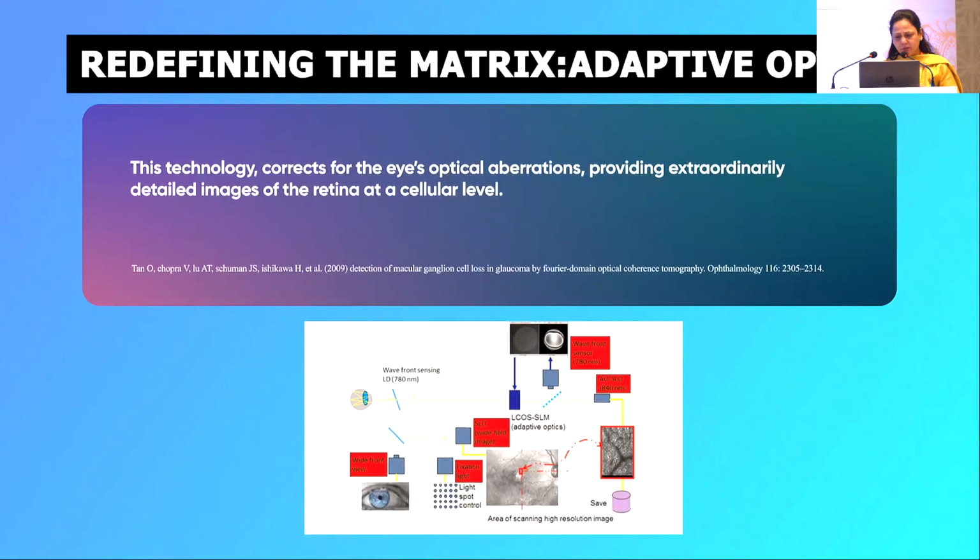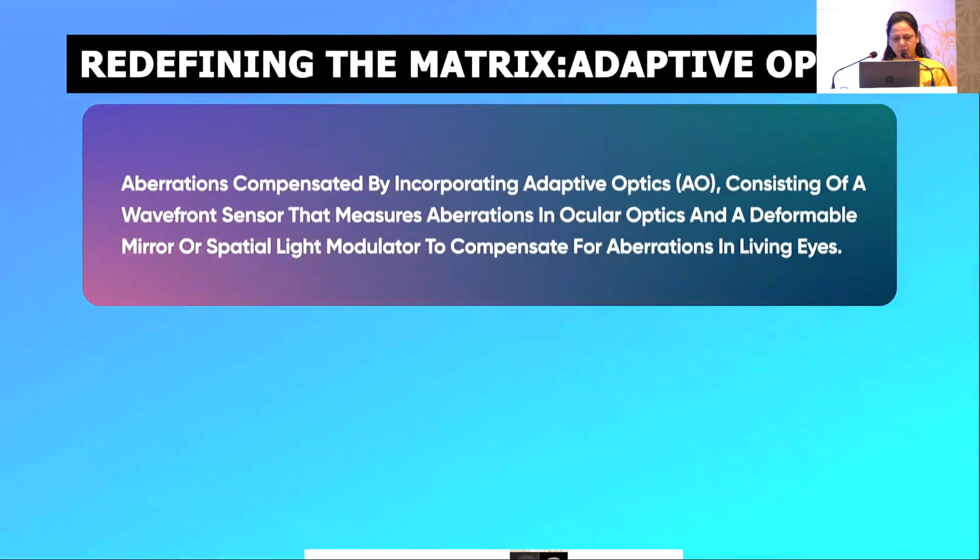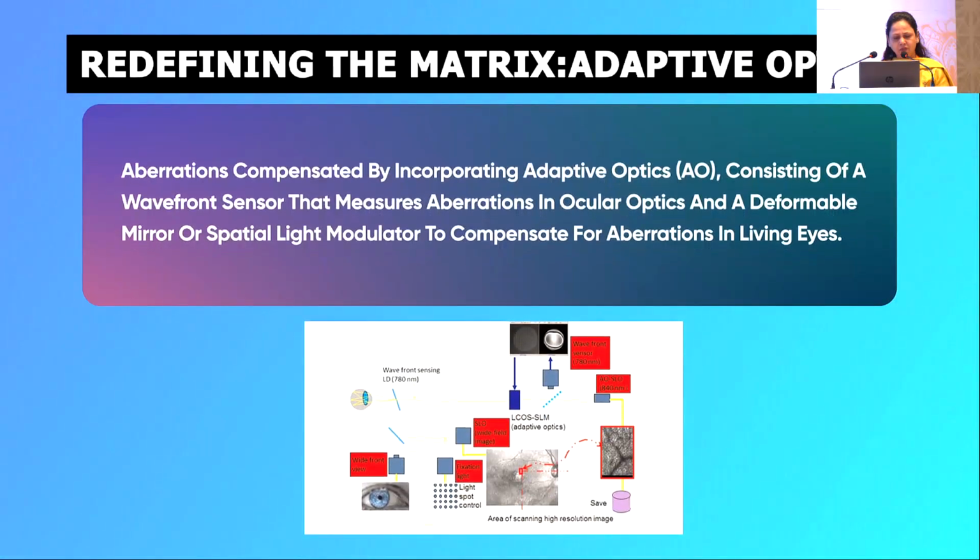This technology basically utilizes extraordinarily detailed images of the retina at a cellular level. The two main parts of this machine are the wavefront sensor that measures the aberrations in the ocular optics, and the spatial light modulator, which compensates for the aberration picked up by the wavefront sensor.